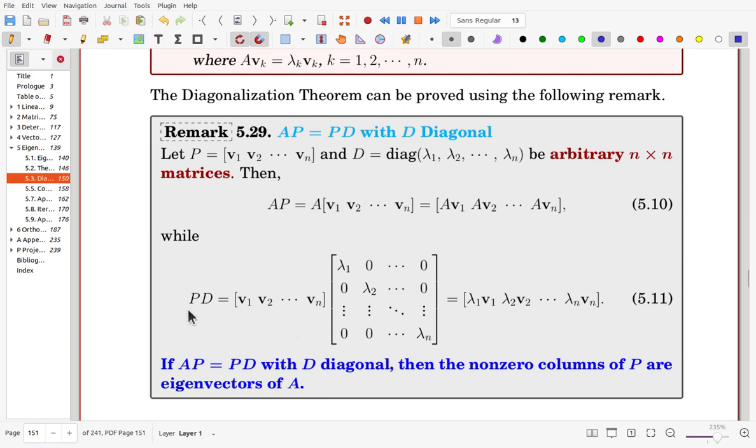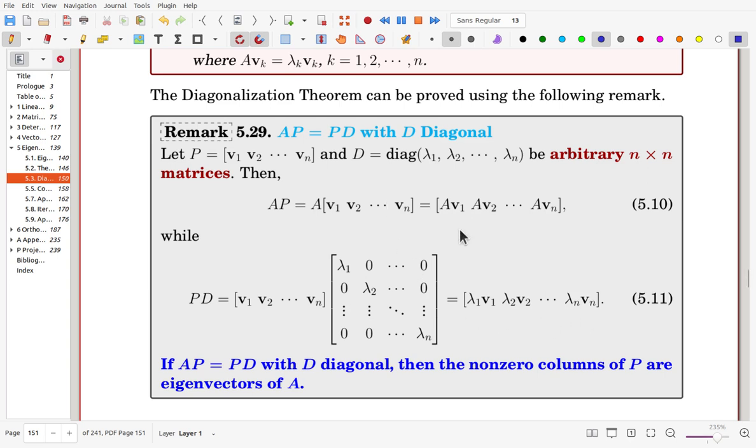How about PD? P is the collection of n vectors, and D is the diagonal matrix. Once you do the multiplication, the first vector is multiplied by lambda 1, and the second vector is multiplied by lambda 2. So we reach it in this way.